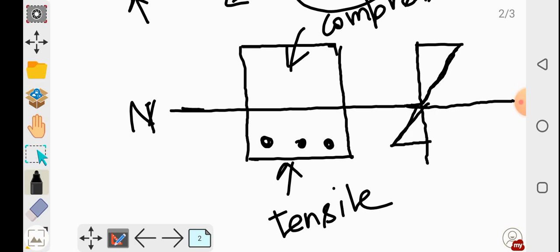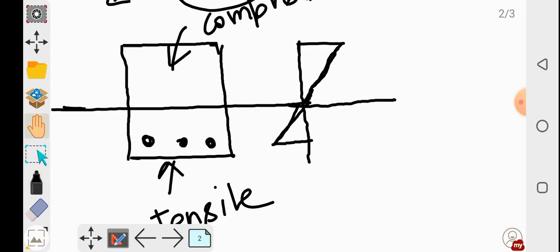In case of RCC, we consider that only the tensile reinforcement bears the total tensile load, and we neglect the effect of concrete in the tensile zone. This is our stress diagram. Here is the maximum compression stress, and here is the maximum tensile stress.